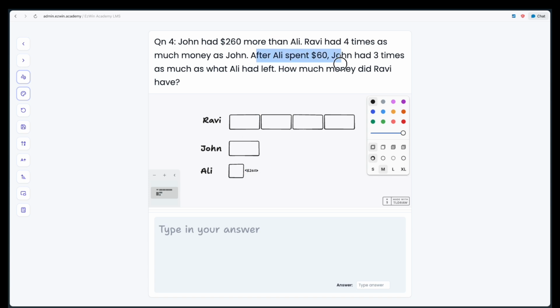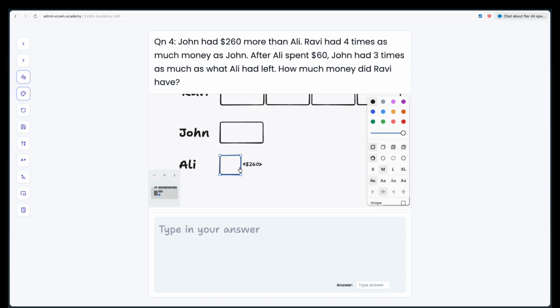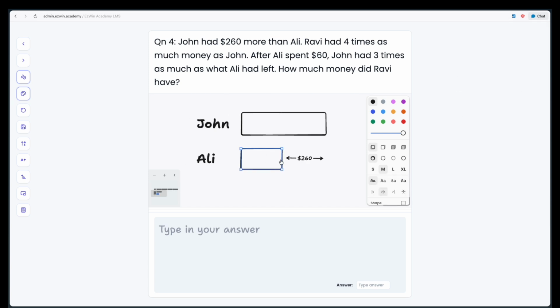So after Ali spent $60, John had 3 times as much as what Ali had. So that means when Ali spent $60, if I were to make this a little bit shorter, as what you see over here. If we zoom in at Ali, if Ali were to spend $60 more, I'm going to put here $60, and this will be dotted.